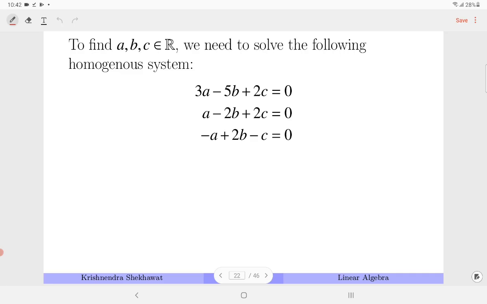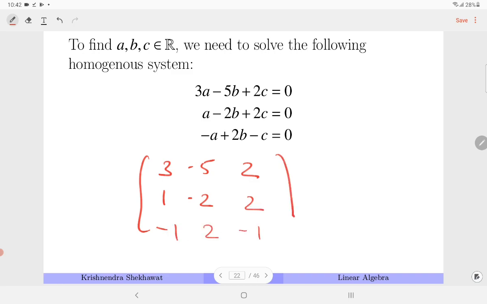To solve this homogeneous system, you write the augmented matrix: rows (3, -5, 2), (1, -2, 2), (-1, 2, -1), and there is one more column, 0 0 0.